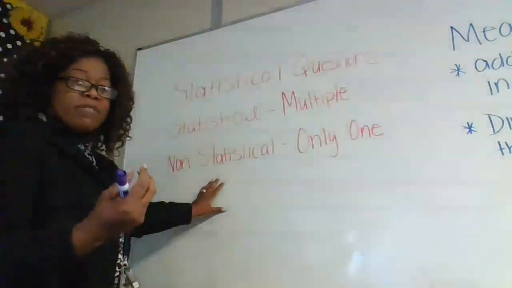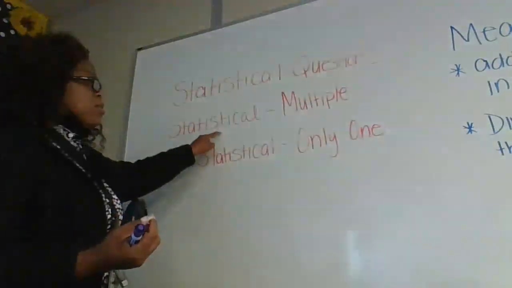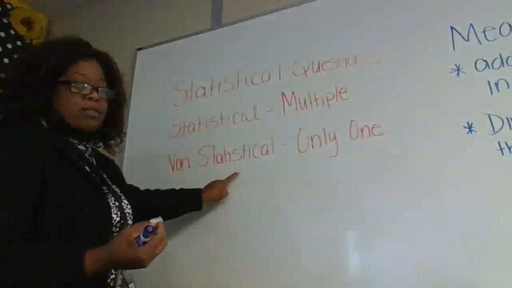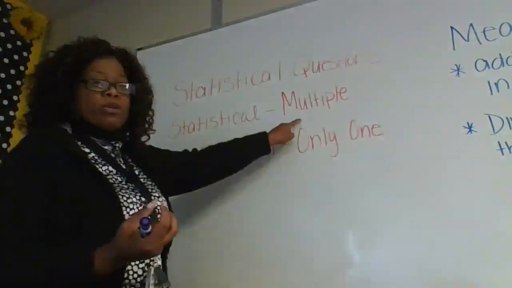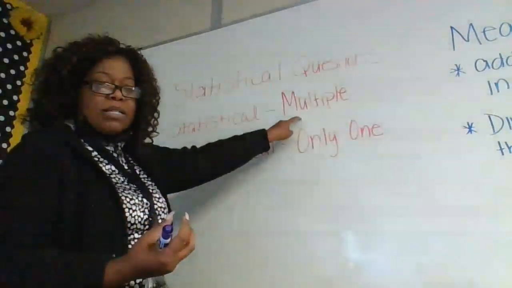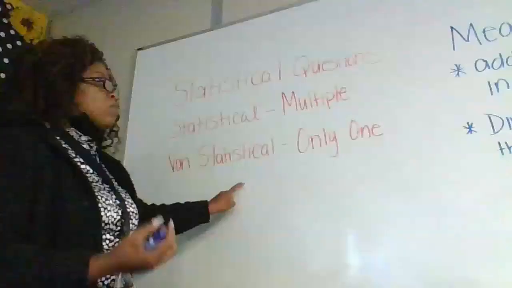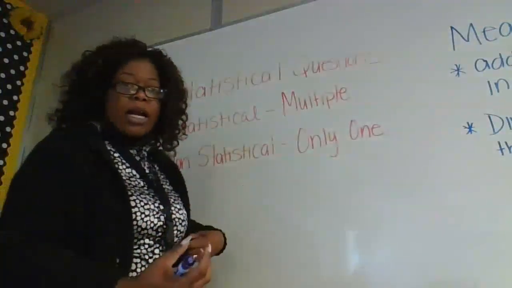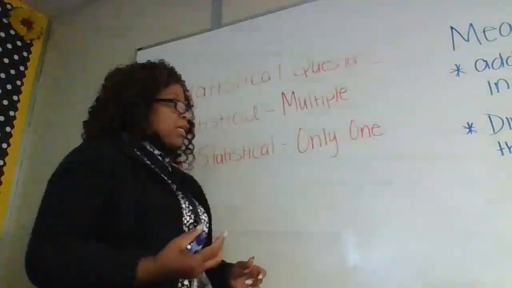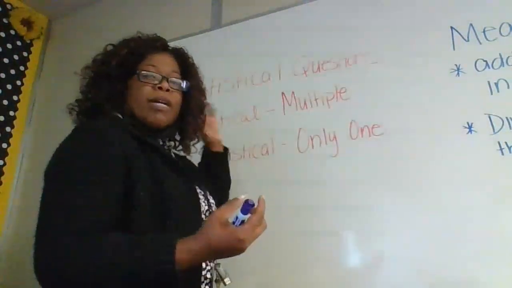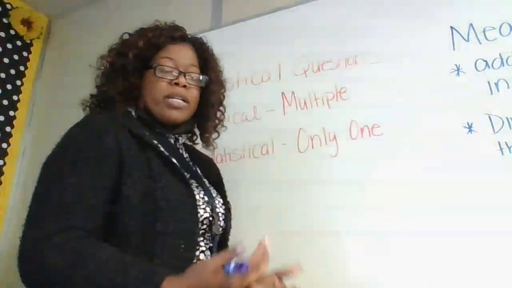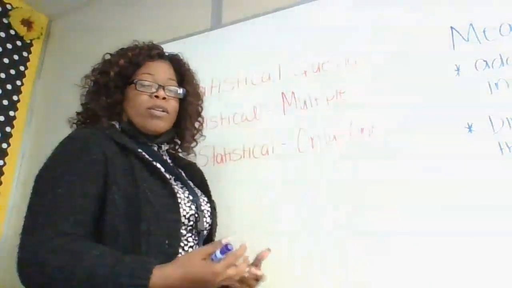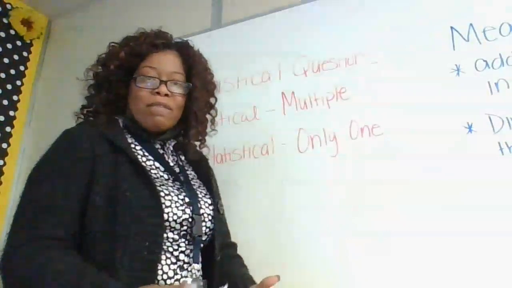Remember, we have a statistical question and a non-statistical question. A statistical question is the question that has multiple answers, multiple responses, and then the non-statistical is the one that only has one. The one that we're more interested in is the statistical question because it's going to allow us to accurately analyze what it is that we are researching. When we only have one answer, it doesn't give us enough information.